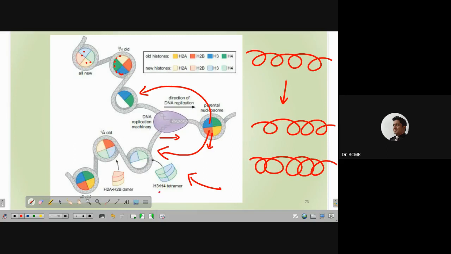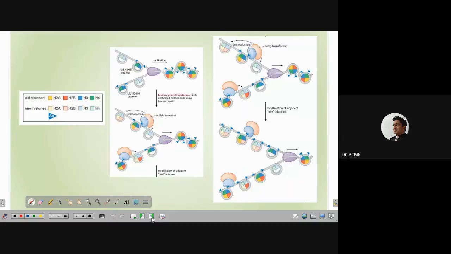New H3H4 tetramers and new H2A, H2B dimers will keep on adding on to the newly synthesized DNA. That is how nucleosome formation happens in eukaryotes. Okay.